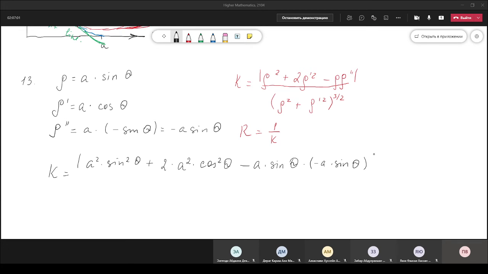Close bracket, close modulus, divided by, in our denominator we have rho squared. Rho squared is a squared times sine squared of theta plus rho prime squared. Rho prime is a times cosine, so a squared times cosine squared.